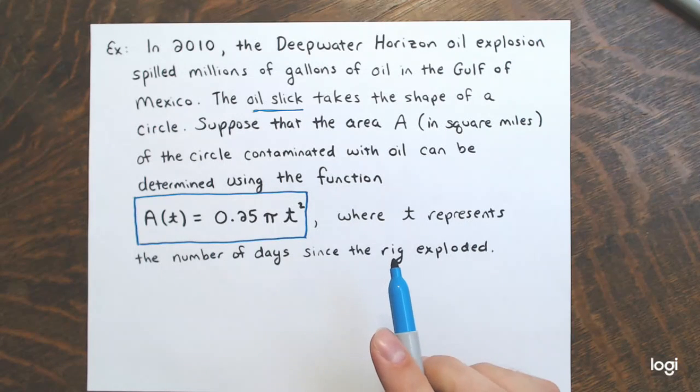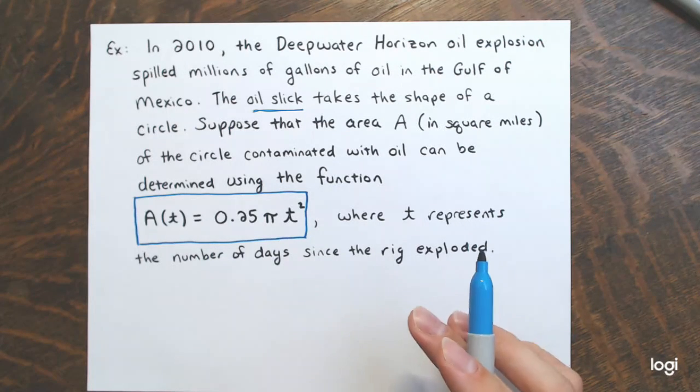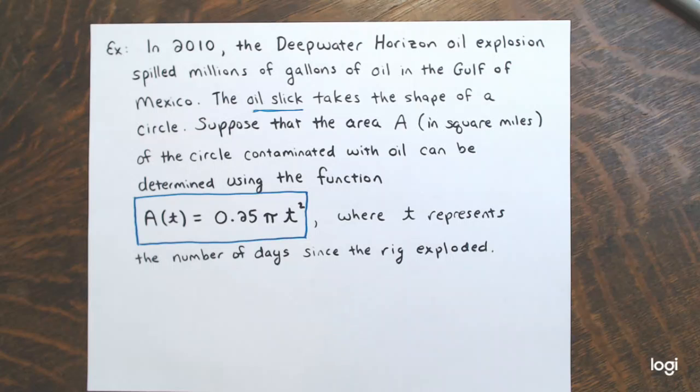The oil rig explodes, oil contaminates the water in a circular shape, and that circle keeps getting larger as the days go on, as more oil spills into the water. I'll draw a little diagram to go along with this in a second.